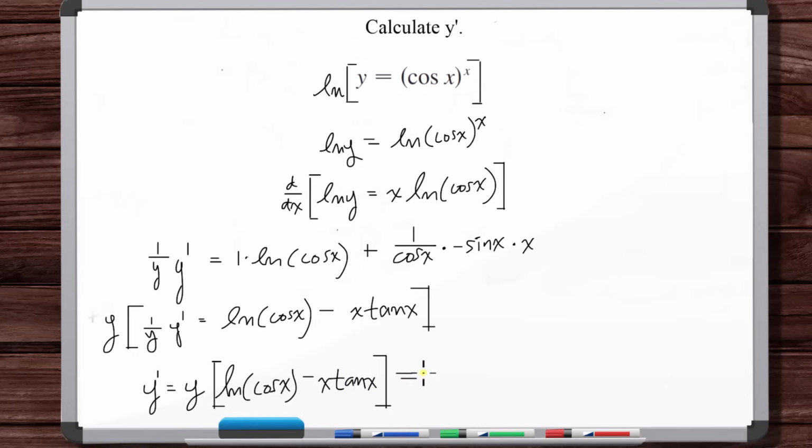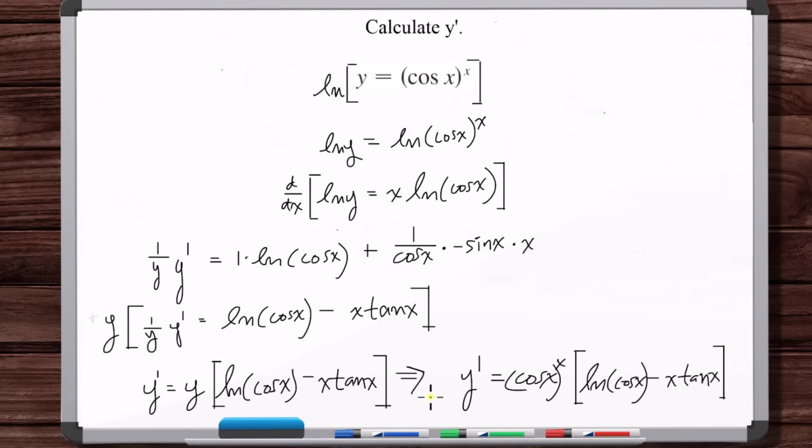Okay, so now just substitute y back in here, and we've got y prime is equal to cosine of x to the x power, and there we go. That's y prime.